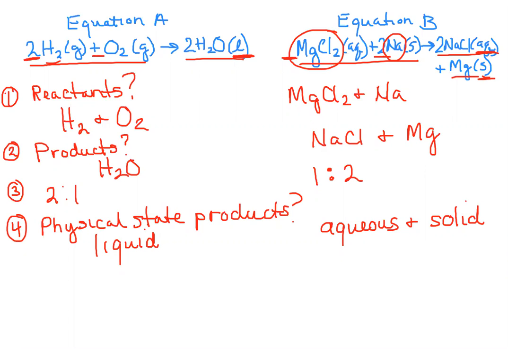And then it says write equation A as a sentence. So that means we're going to use words and not these symbols. So we're going to start with the first part of equation A, which is this. This is hydrogen gas, and we need 2 of them.